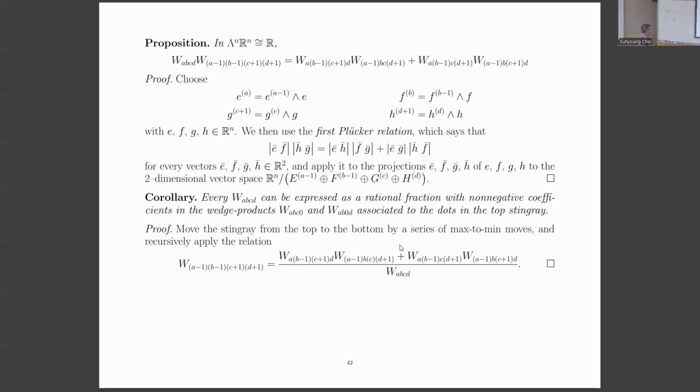Okay, so there is this formula here, but what's really important is that you can rewrite it like this. Namely, you divide by this term. That's just what I'm doing.